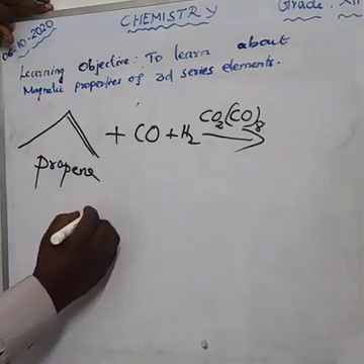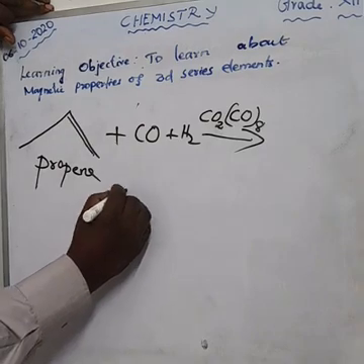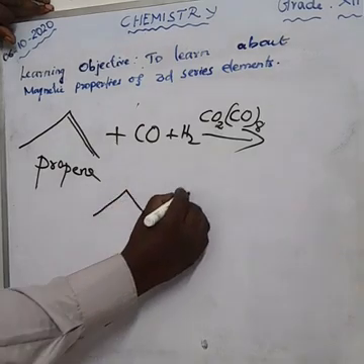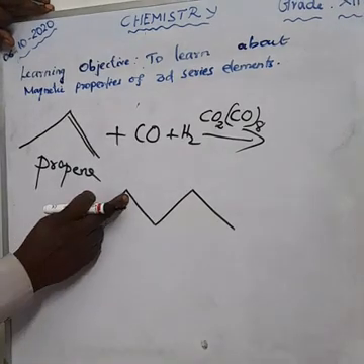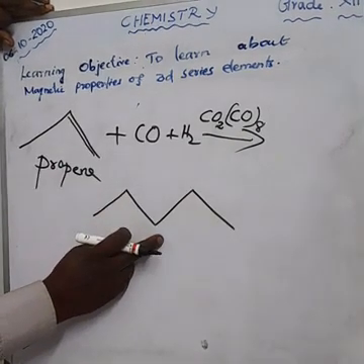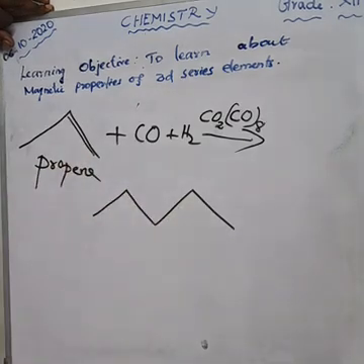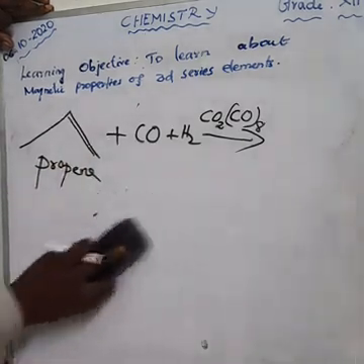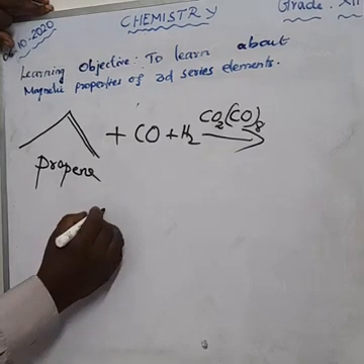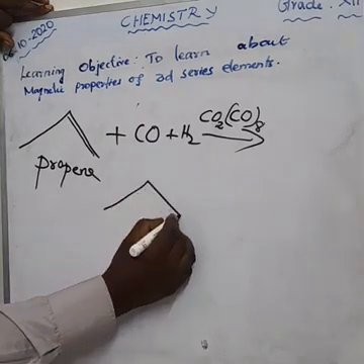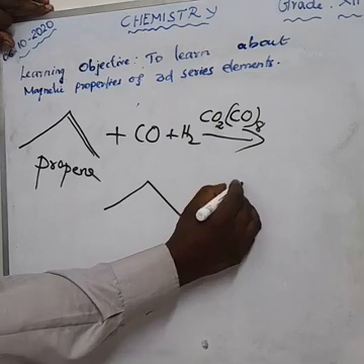Here we are taking 1 carbon, 2 carbon, 3 carbon, so 4 carbon. Otherwise, we can write it like that, starting with 1, 2, 3, CH.